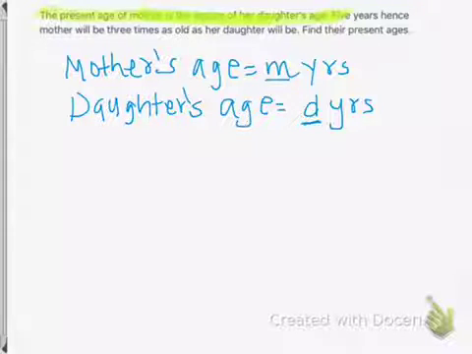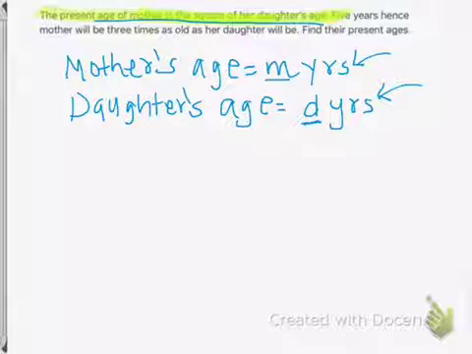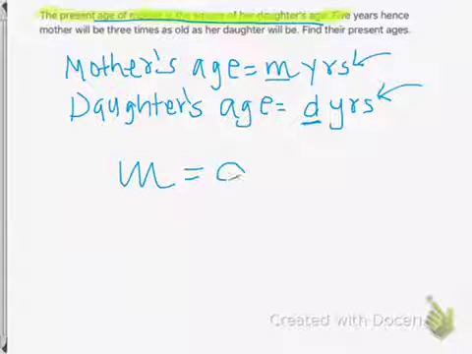Now these two, m and d, are the present ages of mother and daughter, and the question says the present age of mother is square of her daughter's age. So mother's age is equal to the square of her daughter's age.